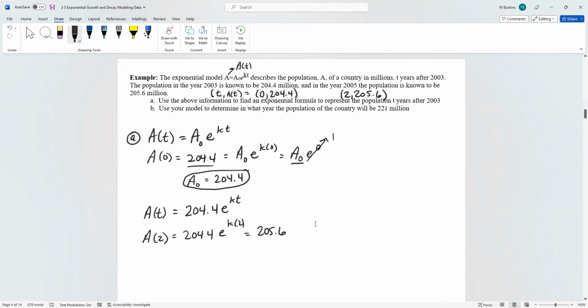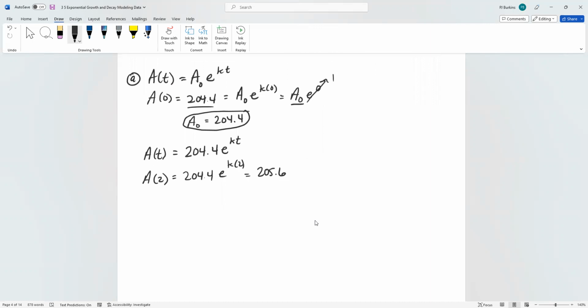Again, we've done this type of solution before. We just need to divide over that 204.4. Then I need the natural log of both sides to get rid of the exponential, and specifically the natural number e.